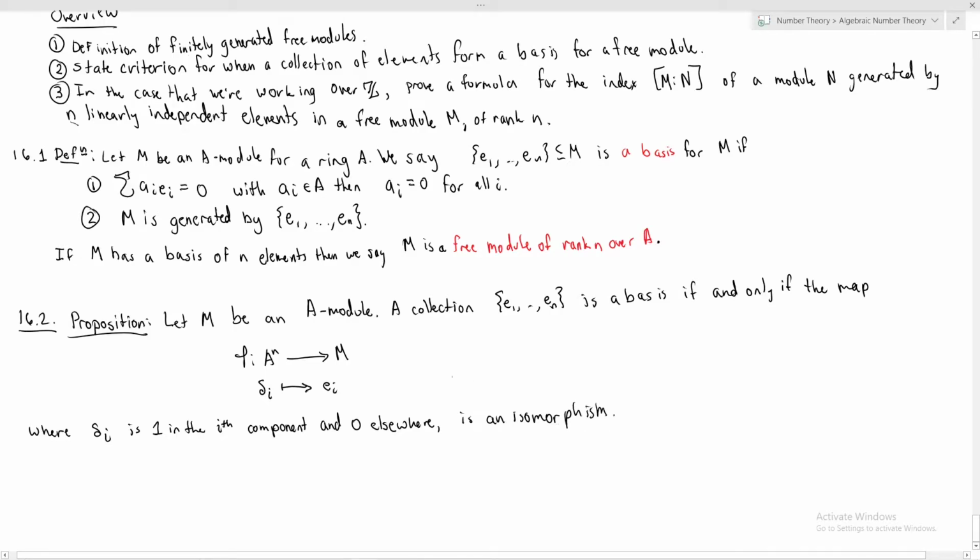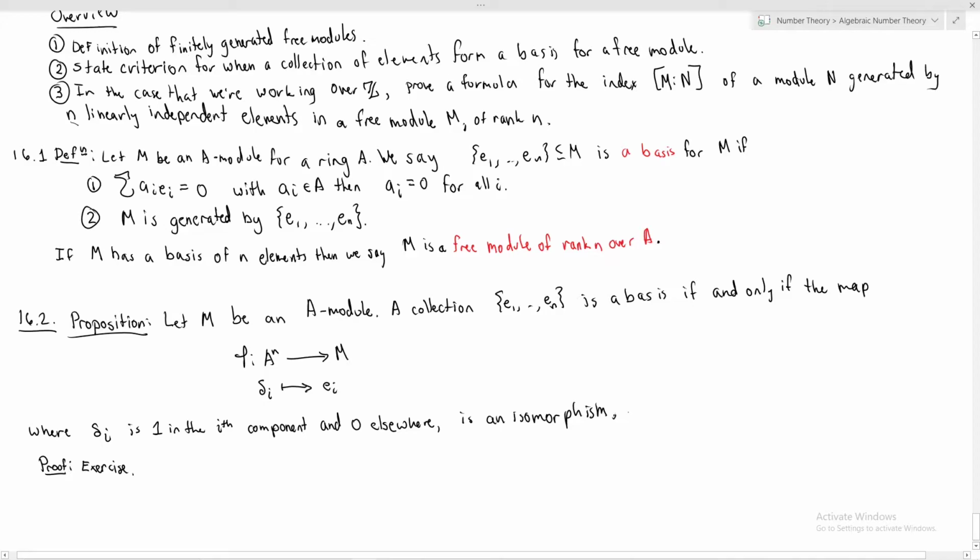I'm not going to prove this statement; I'll leave the proof as an exercise. It's not too bad. You essentially just use the definition of what it means for this thing to be a basis. And what we get out of this is that if I'm a free module of rank n, then I'm automatically isomorphic to A^n.